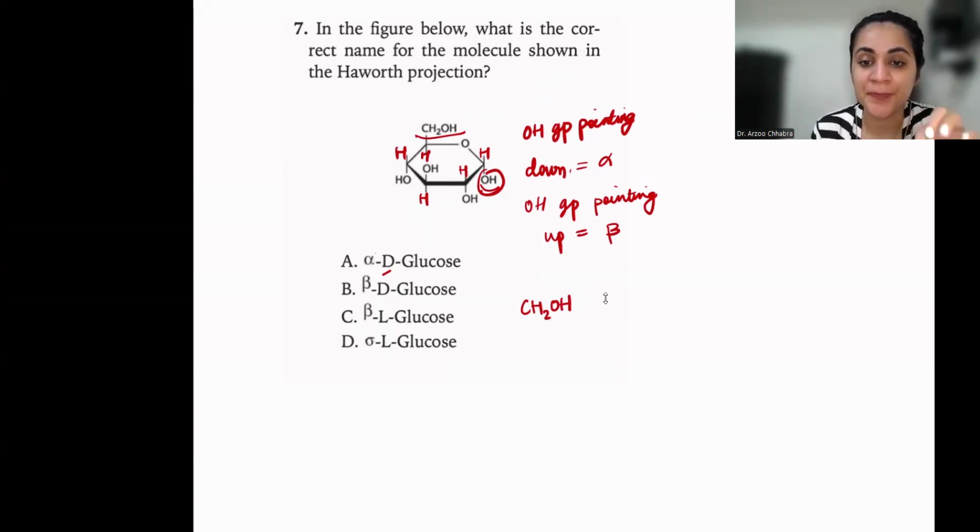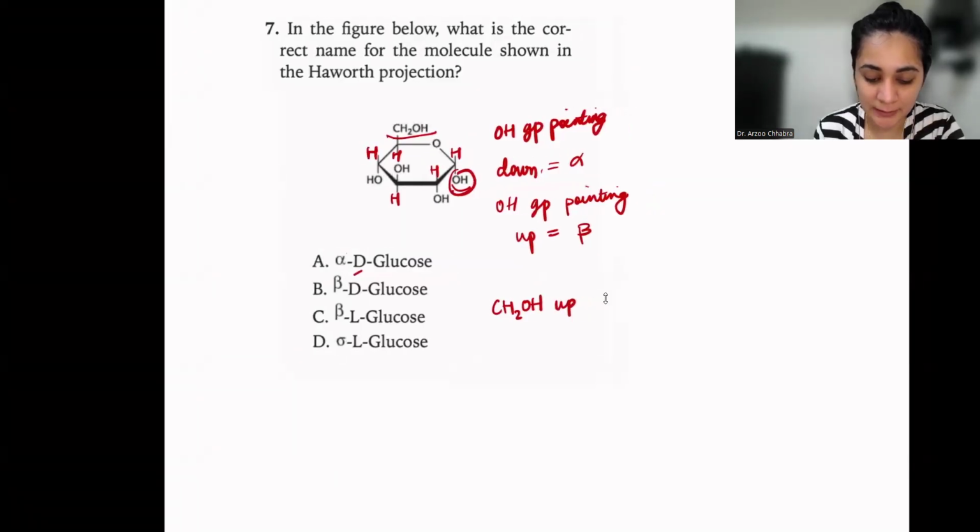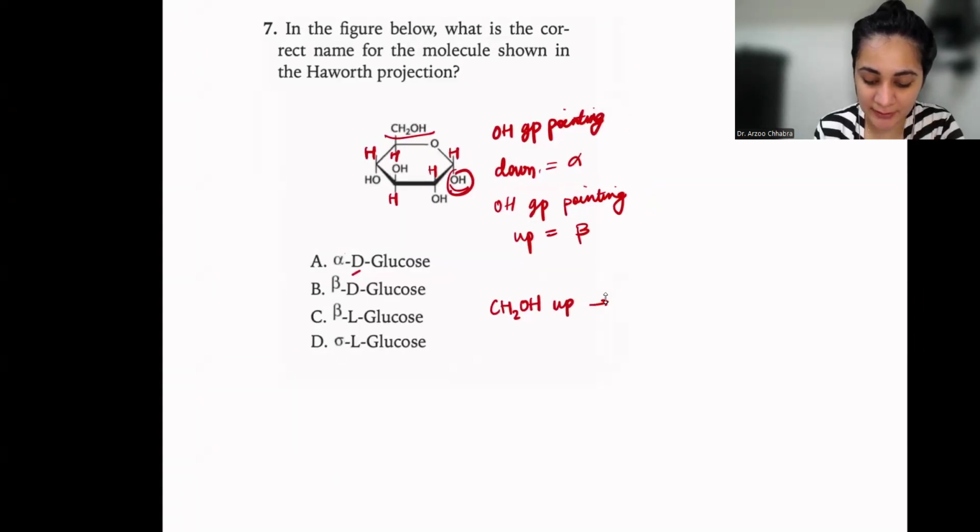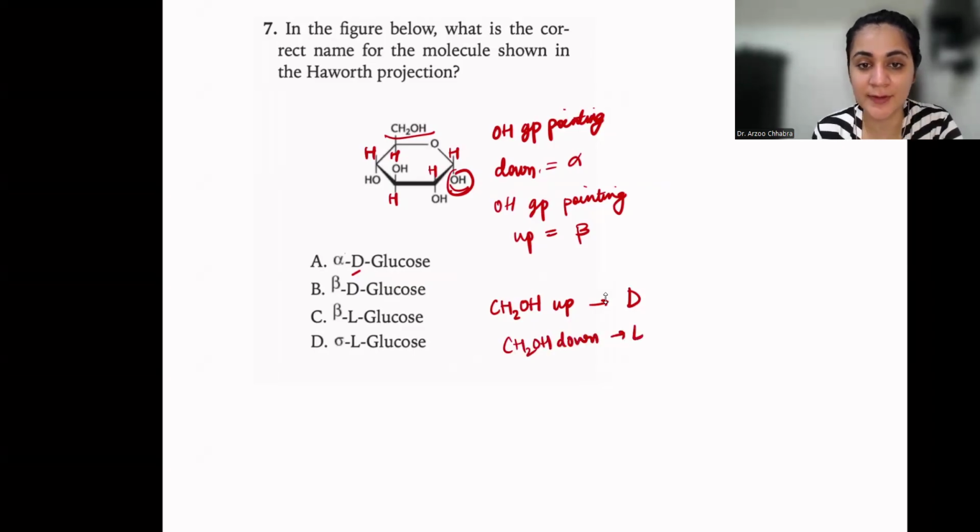But for here, when the CH2OH is pointing up in space, it's D glucose, but when the CH2OH group is pointing down, it is L glucose. So the answer for this is option A, alpha D glucose.